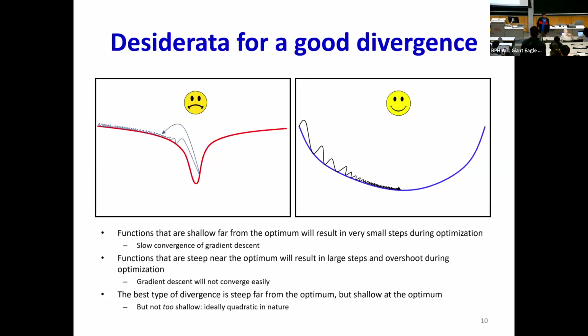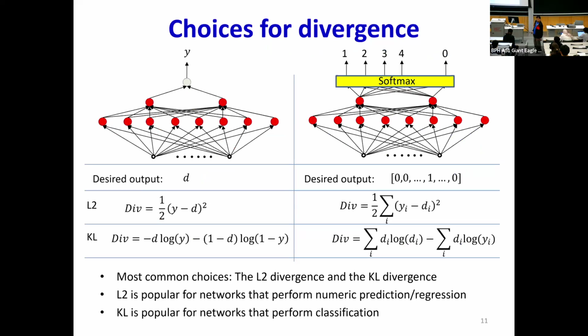You're going to take large steps. And then as you approach the minimum, it begins to get shallower, and so your steps become more careful. So ideally, you want a quadratic shape for this function. If it's more than quadratic, then it becomes too flat near the minimum. So these are the kinds of loss functions we need. And we saw that our primary loss functions are one of two.